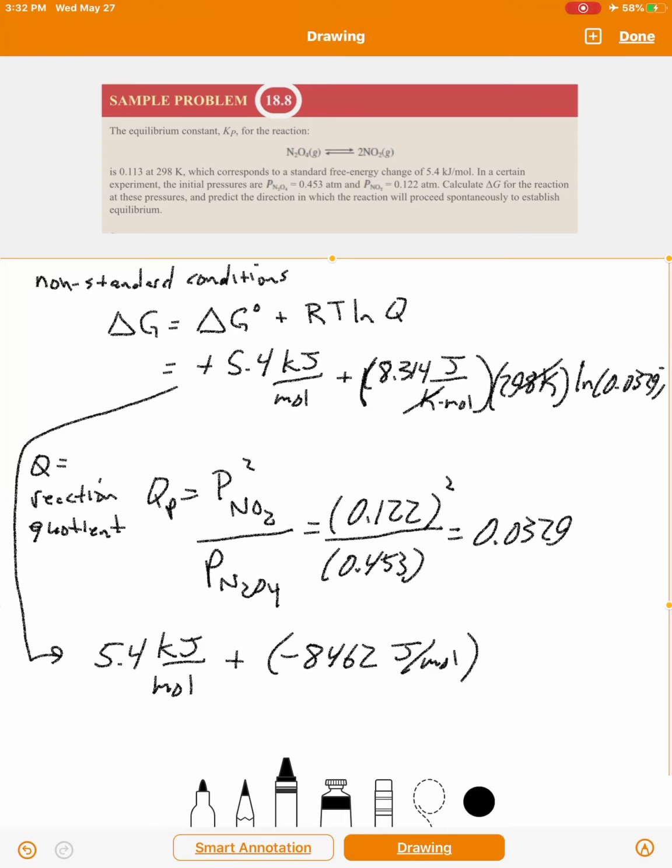See how those are not in the same units? You cannot add or subtract numbers if they're not in the same units. So I'm going to put them both into kilojoules. For this second term, I'm just going to say it's a kilojoule per 1,000 joules. And then that will make it 5.4 kilojoules per mole, minus, because you have this minus right here, 8.46 kilojoules per mole.